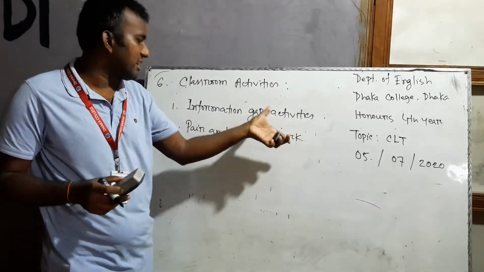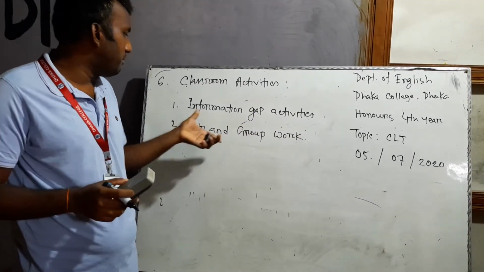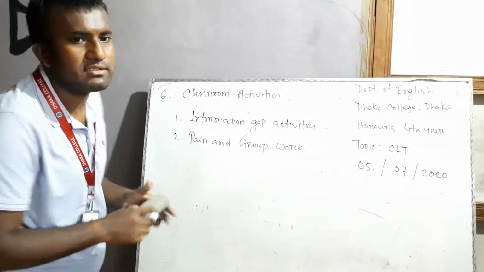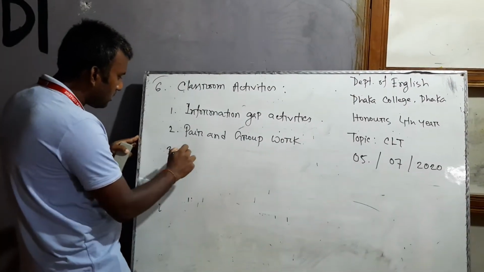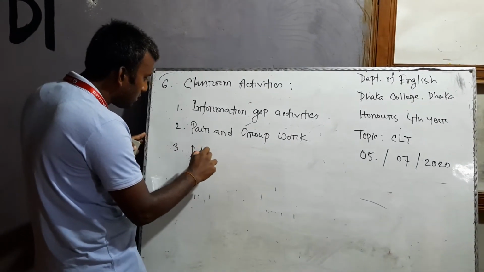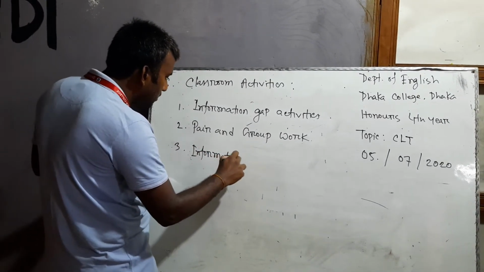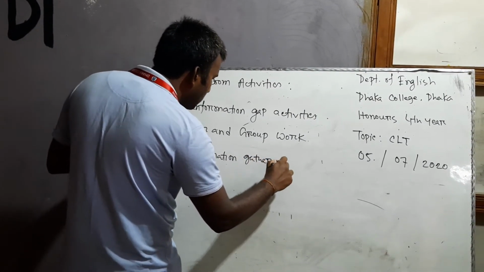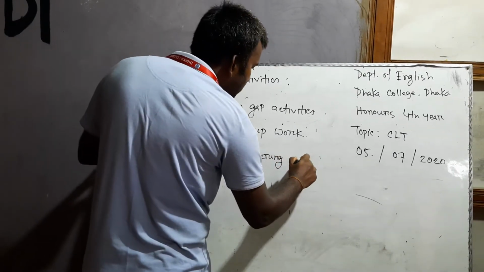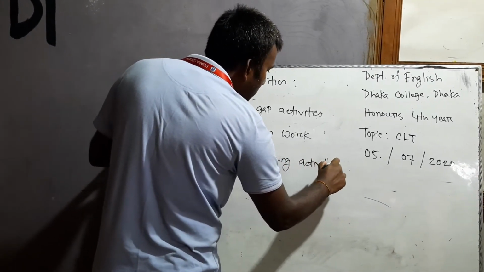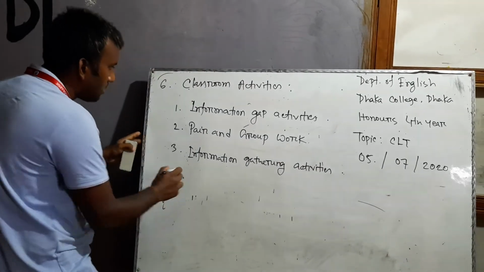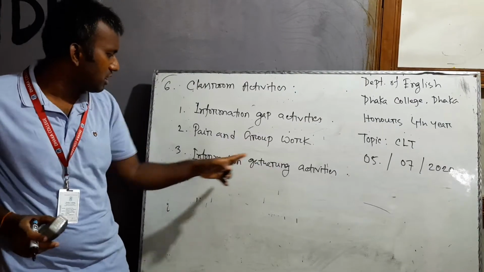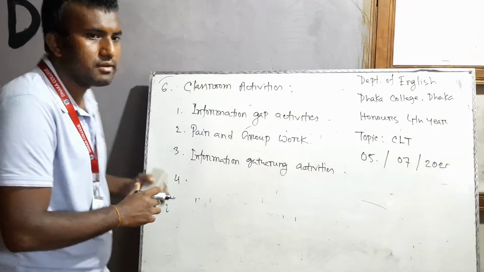These activities are held between a peer or a group consisting of a lot of students. Then information gathering activities. Look at information gap activities, peer and group work, information gathering activities.